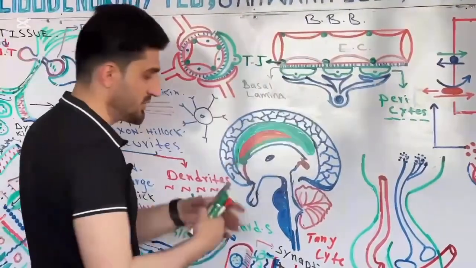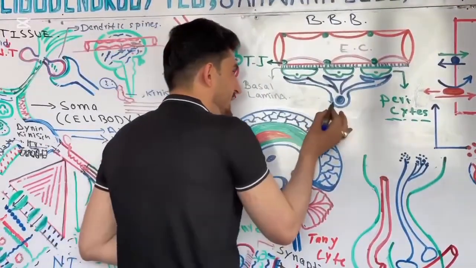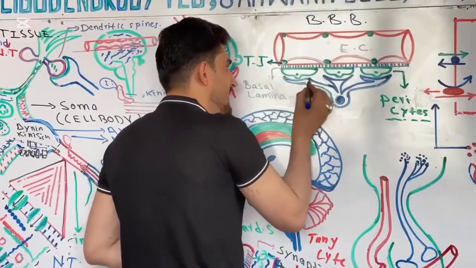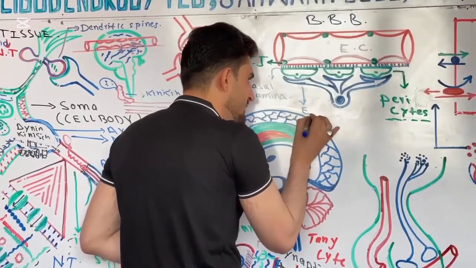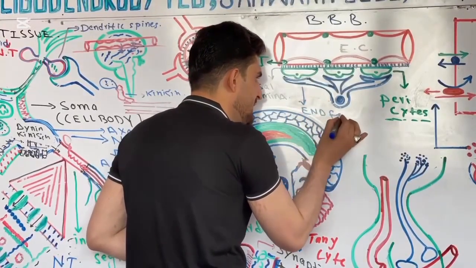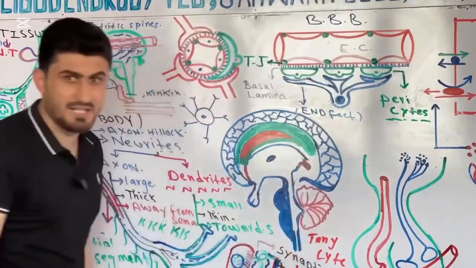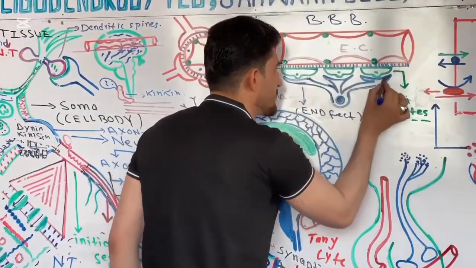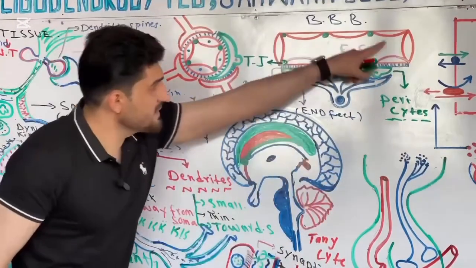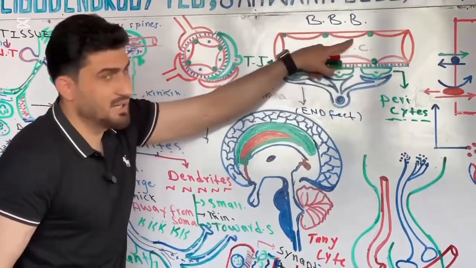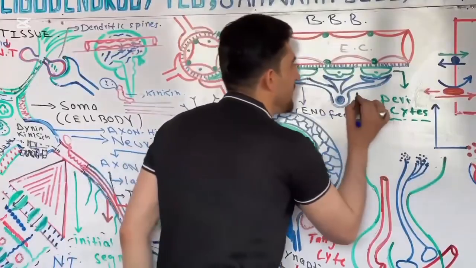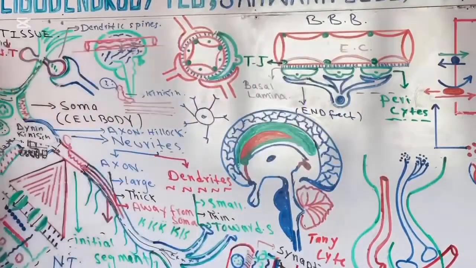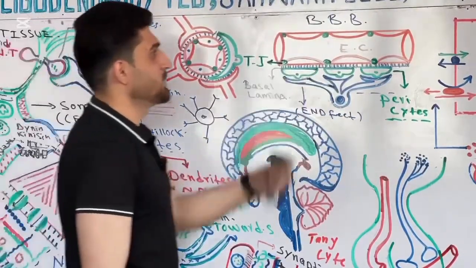This astrocyte has these parts, and these parts are called end feet. This end feet of the astrocytes cover this capillary, and they act as a barrier. So that's why we say that astrocytes have a role in the blood-brain barrier.